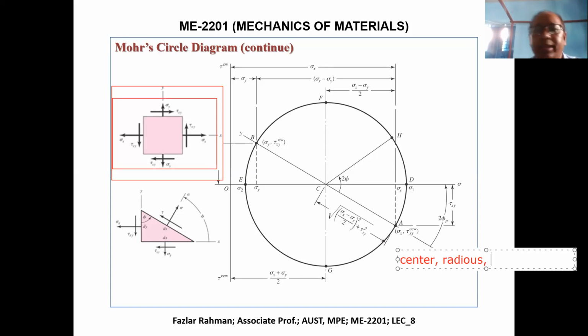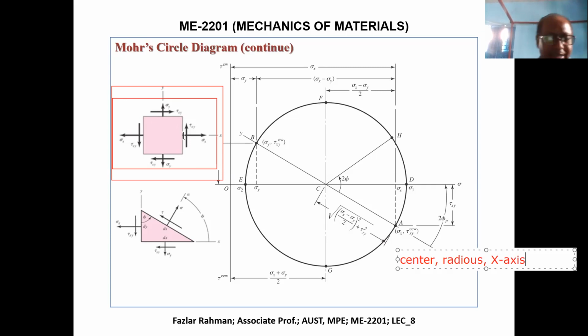But in engineering application, you need to figure out the axes. What are the axes of the circle? Because it is a graph, you should have an x-axis and a y-axis. So in our plane stress element, we will talk about all the stresses, right? You look at the plane stress element, we have only two types of stress, shear stress and normal stress.